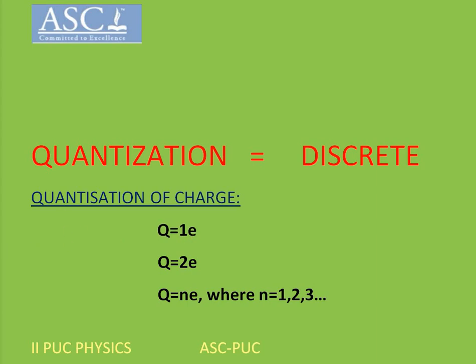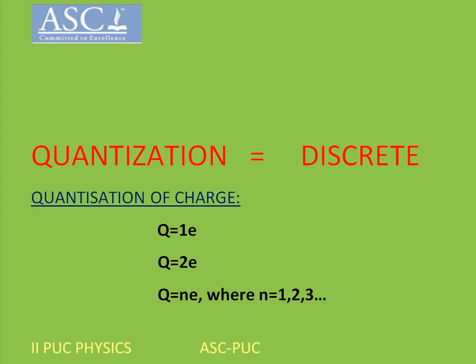If we add another electron to the same body, then charge on the body is given by Q is equal to 2e. Similarly, if we add n number of electrons to the body, then its charge is given by Q is equal to ne, where n is an integer.